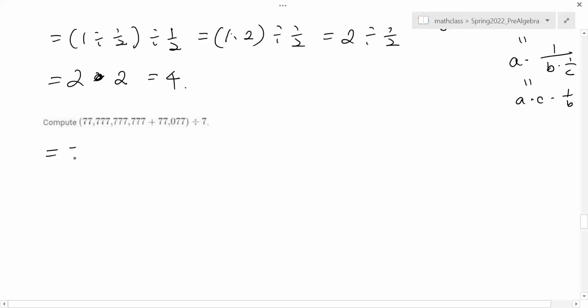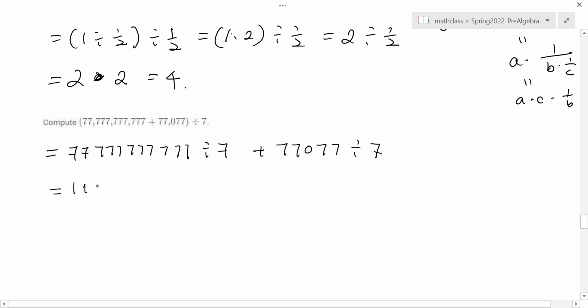So this is going to be 7, 7, 7, 7, 7, 7, 7, 7, 7, three groups, divided by 7, plus 7, 7, 0, 7, 7 divided by 7. Then clearly there is a common factor here, so 1 1 1 1 1 times 7 divided by 7, and this is going to be 1 1 0 1 1 times 7 divided by 7.